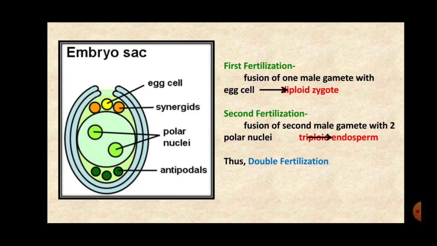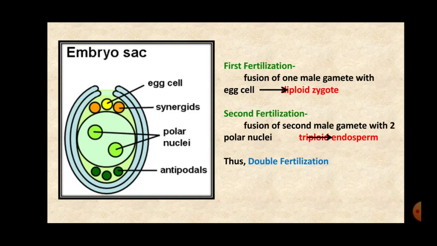Now one more male gamete is remaining, right? The second male gamete unites with these 2 polar nuclei, and they form a triploid endosperm. Now why did I say triploid? Just think.